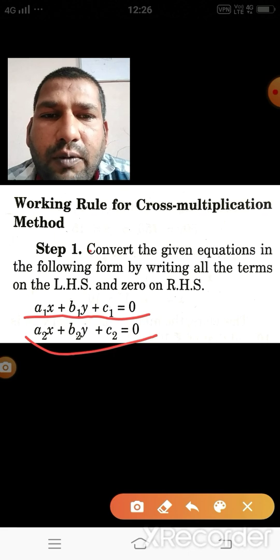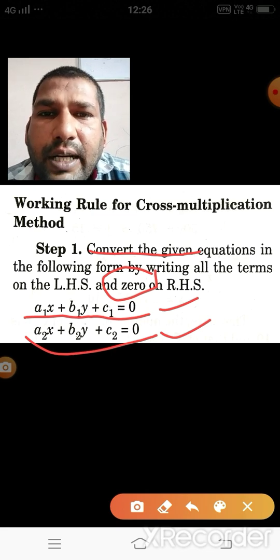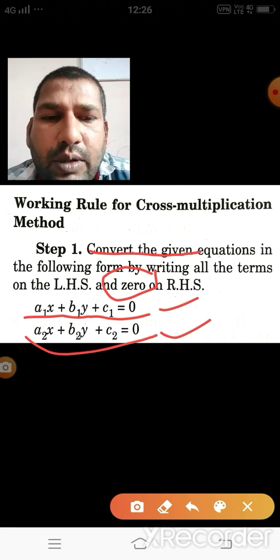We convert the given equations into these two forms, meaning the right hand side should be 0. This is the first step. If you get a question on cross multiplication, rewrite the equations so that the right hand side is 0.